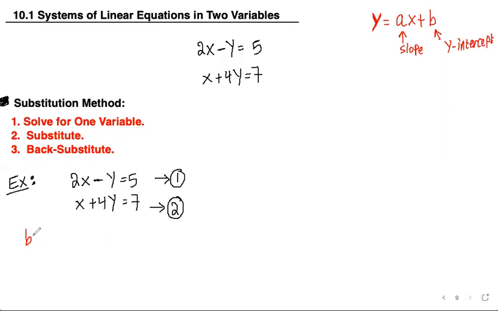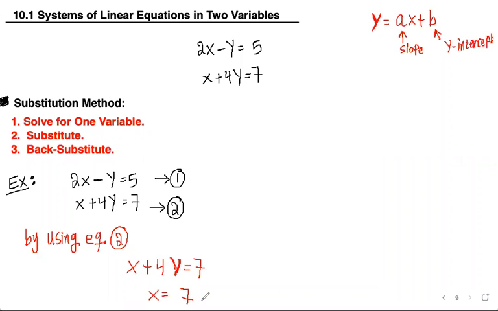So by using equation number 2, I'm going to solve for one variable. I'm going to solve it for x, because x is easier. So x plus 4y equals 7. Now I'm going to solve it for x. I mean, I have to make x equal the expression. So to do that, I have to subtract 4y from both sides.